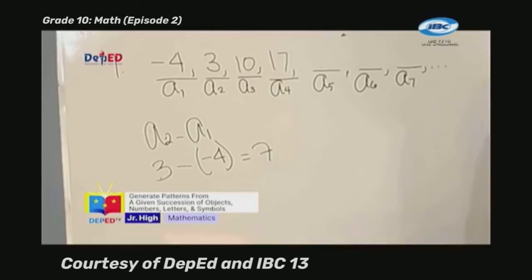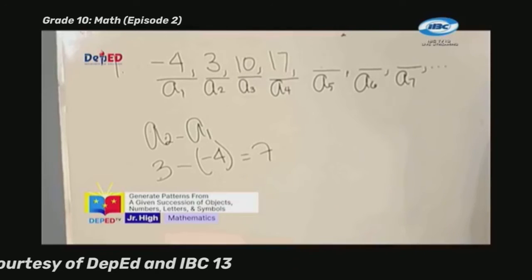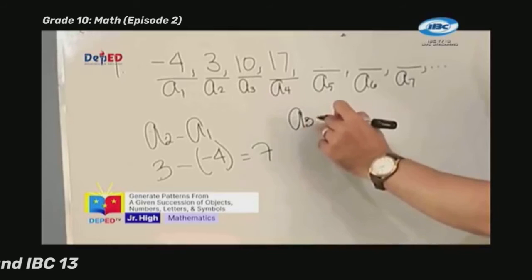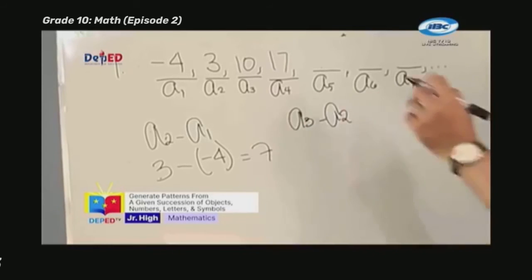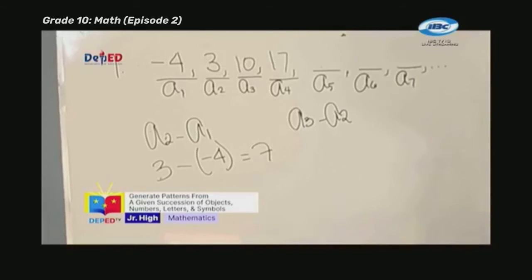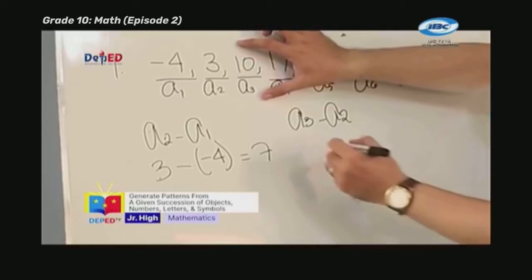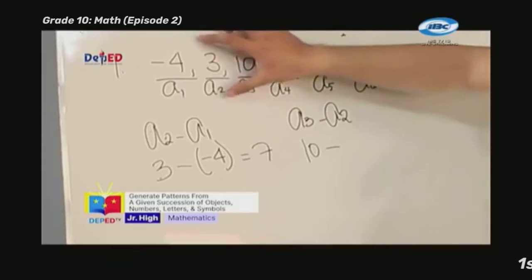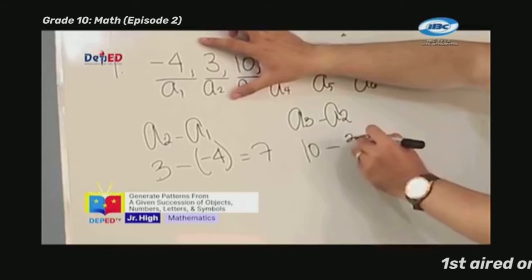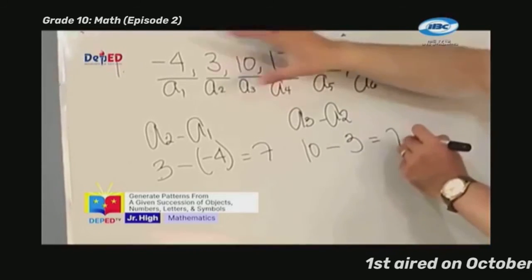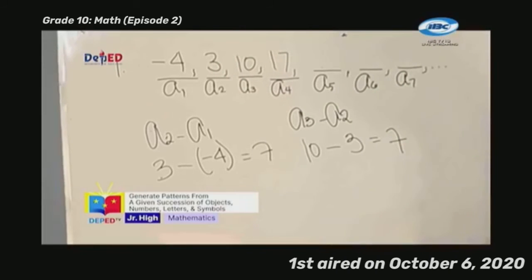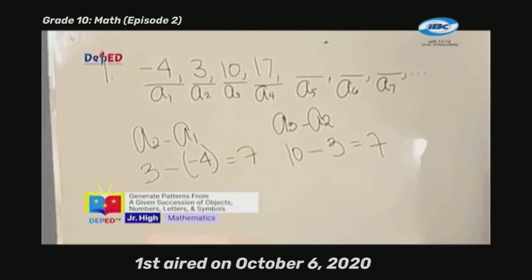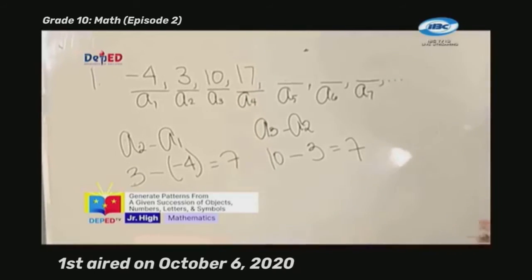Now let's try for the third term minus the second term. That's a sub 3 minus a sub 2. Our third term, which is 10, minus the second term, which is 3. Their difference is still 7. And the fourth term minus the third term.